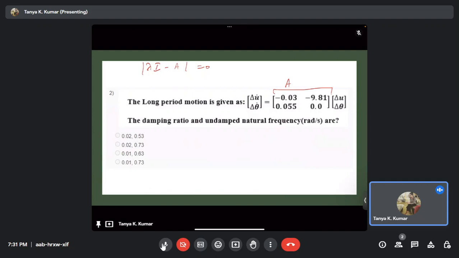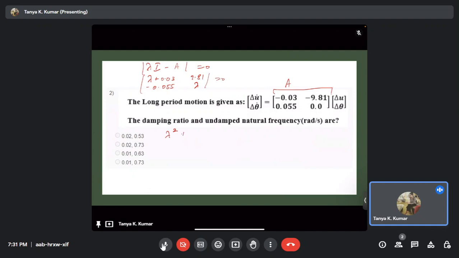So let's just try doing this. So what do you get? You get lambda plus 0.03, 9.81, minus 0.055, lambda here, correct? This determinant equals 0. So it's really simple, right? Just find out the equation.